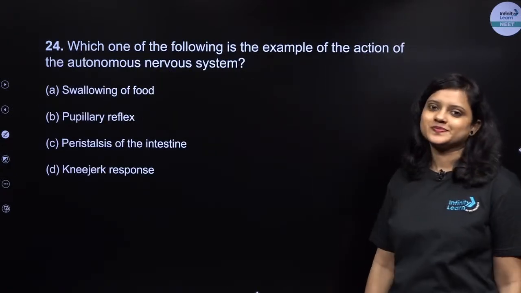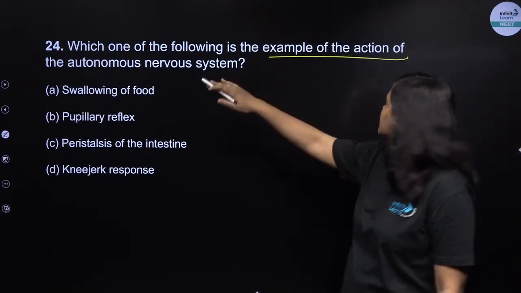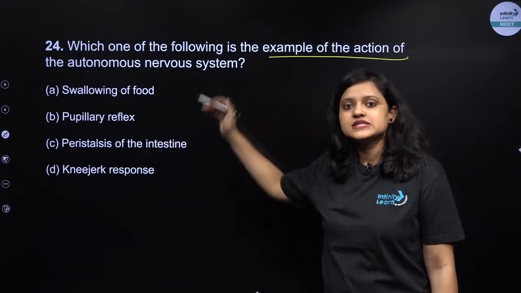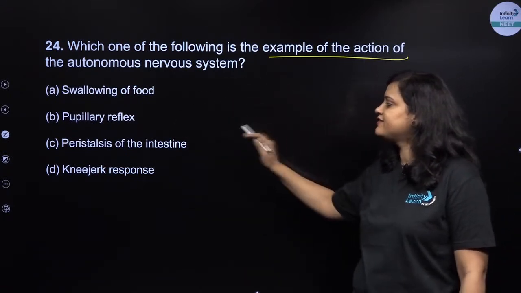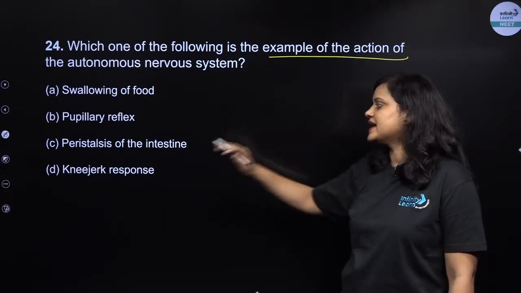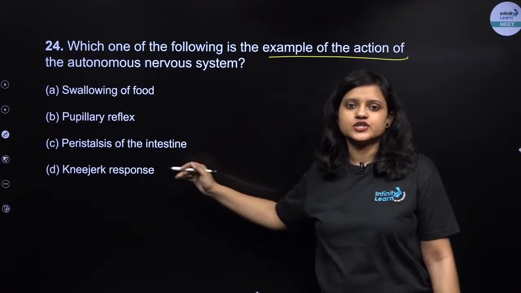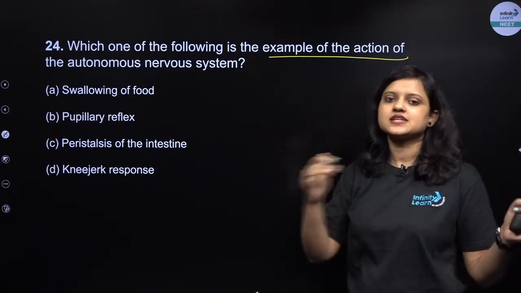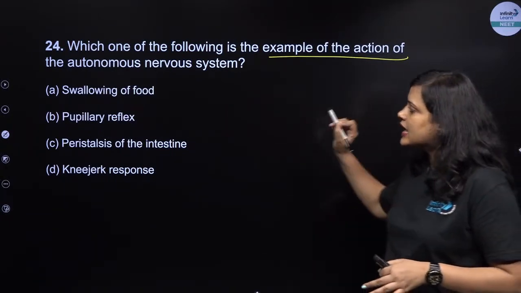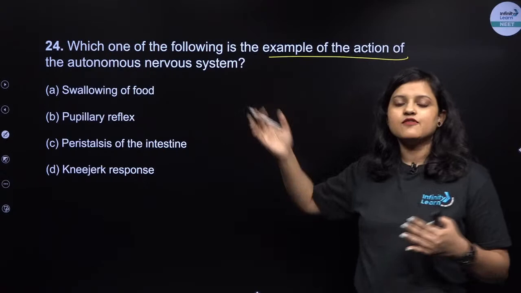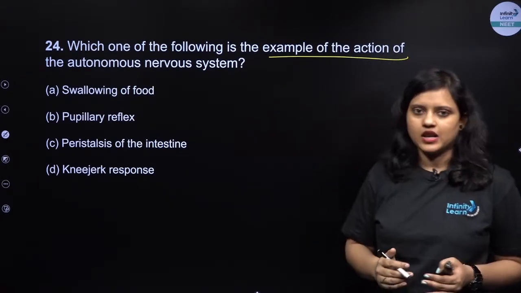Next question. Which one of the following is the example of the action of the autonomic nervous system? Swallowing of food, pupillary reflex, peristalsis of intestine and knee jerk response. Out of all these functions, which function is under the control of the autonomic nervous system, ANS? Okay, now the autonomic nervous system is involuntary, working not under our will.